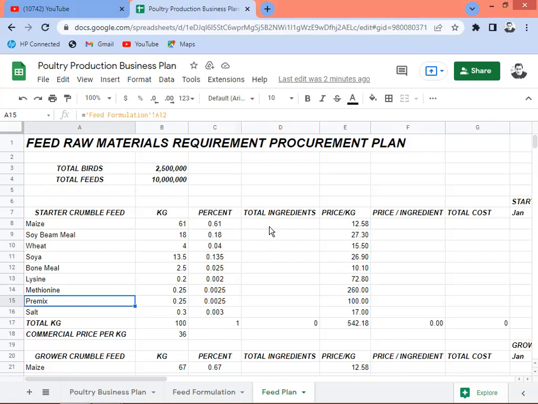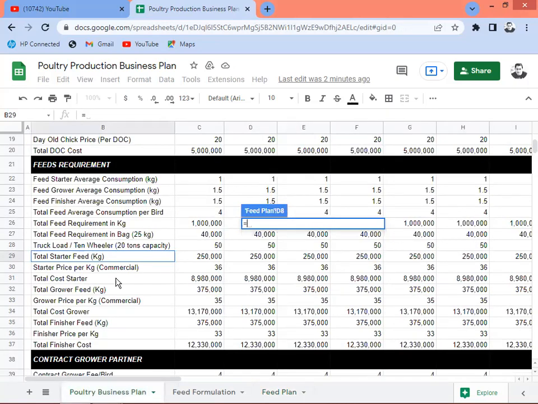What we're going to do now is get the total ingredients. We're getting the volume from the poultry business plan, the first sheet. We're going to be working on the starter feeds. Where is it?